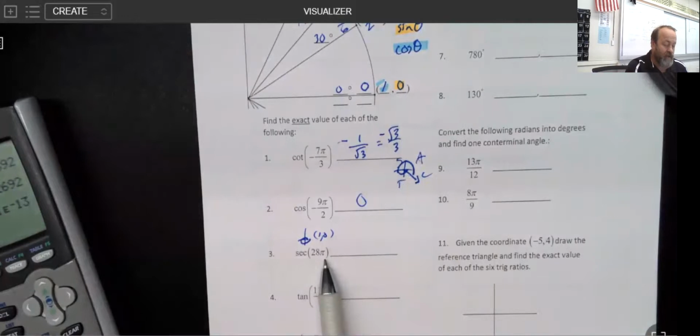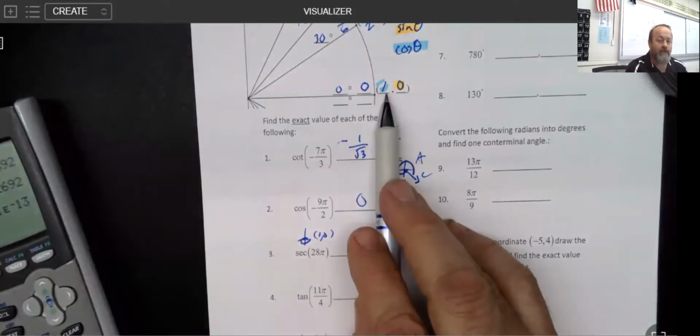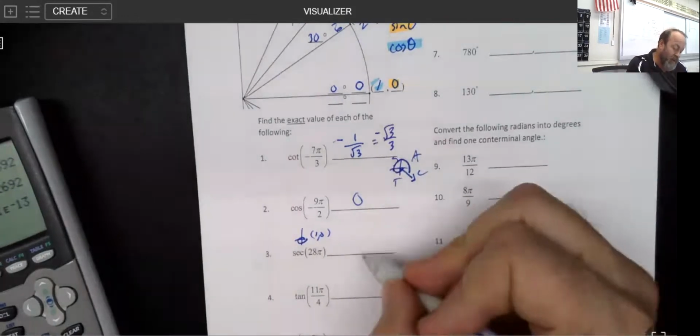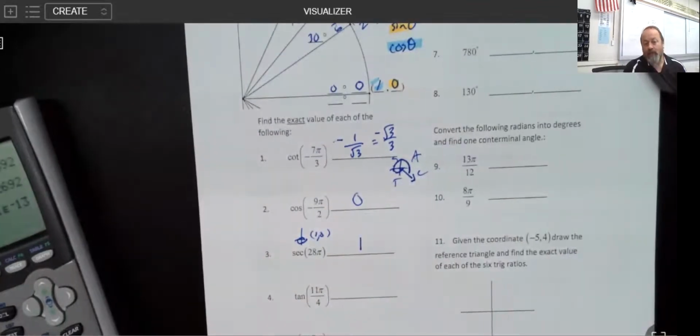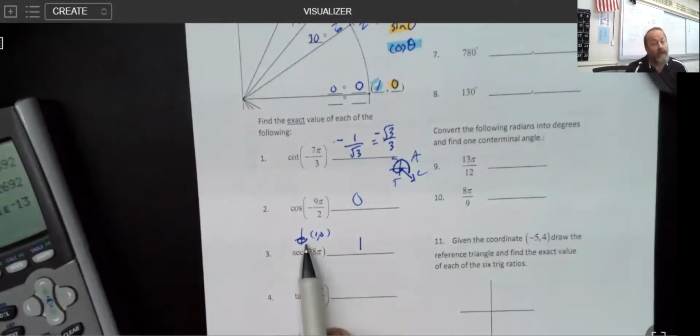So if I found the cosine, which is 1, and I took its reciprocal, I would get 1. And then we just have to stop and think, is it positive or negative? But, you know, as we did it, we went around the circle 14 times facing the right. So it's clearly a positive value because it's facing the right. Now, if it had been 27 pi, it would have been facing the left and I would have made it negative, but it was facing the right.